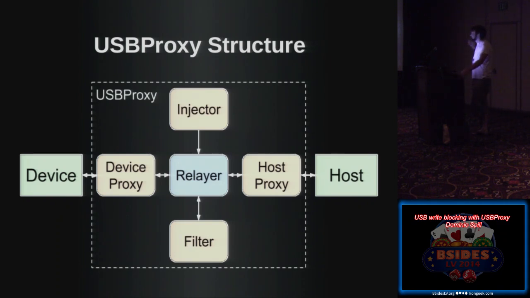For the injector, you just have to have a pollable file descriptor of some sort, like a pipe, and you throw data down it in a given format, and it produces USB packets for you and injects them onto the given endpoint. There are some slight intricacies you need to know about the way USB works, but I'm going to leave them out of this talk because they're not super relevant to everyone in this room.